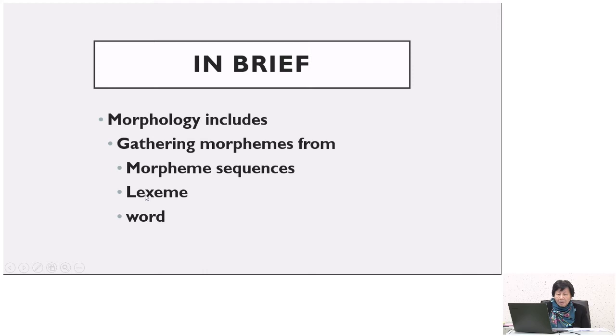Okay? It means that how many sets of the words that have different shapes but contain the same meaning. Okay, that is what we call lexeme. So we can take the words from that, and then you can explain. For example, talk.